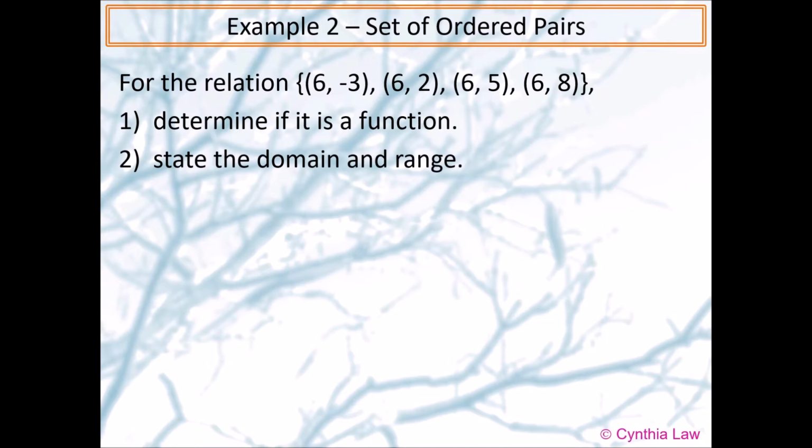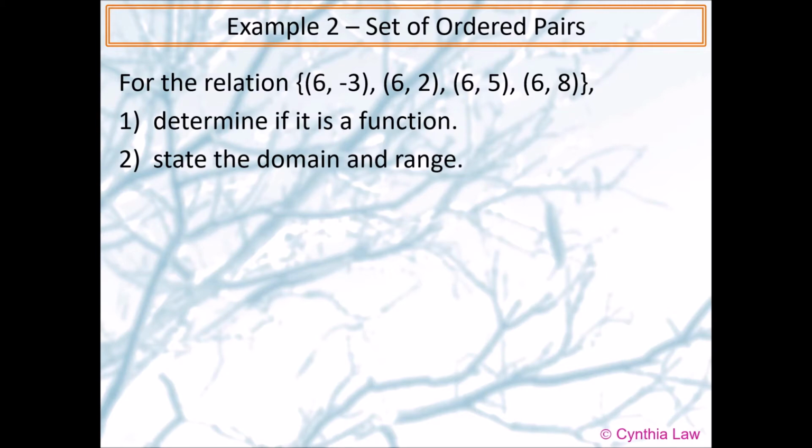Let's review what to do with a set of ordered pairs. For the relation (6, -3), (6, 2), (6, 5), and the last point (6, 8), determine if it is a function, and then state the domain and range.